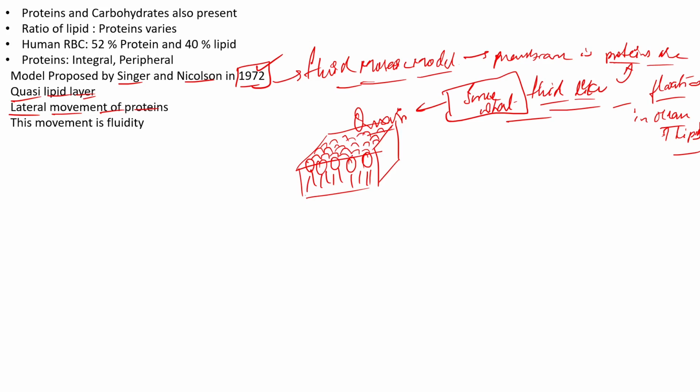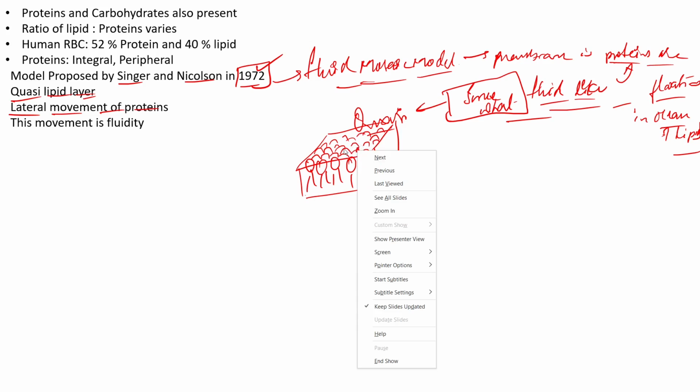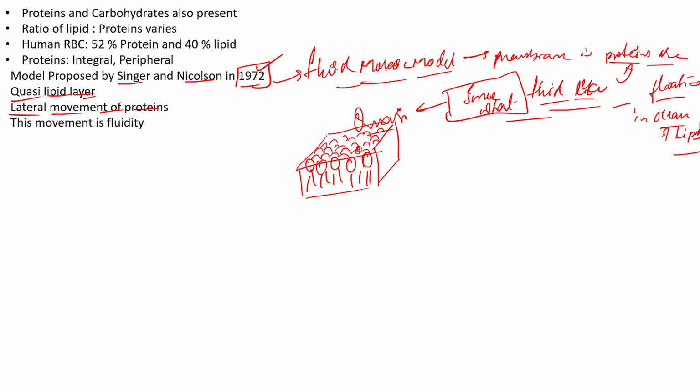On the surface of the lipid molecules, you can see that there is a protein molecule. Assume that this is a protein molecule. What kind of protein molecule am I drawing? The diagram I am drawing over here is actually the extrinsic proteins, or we can also say peripheral proteins.